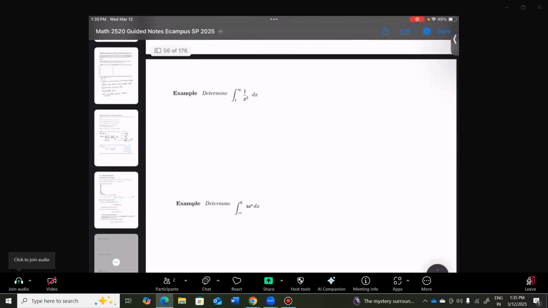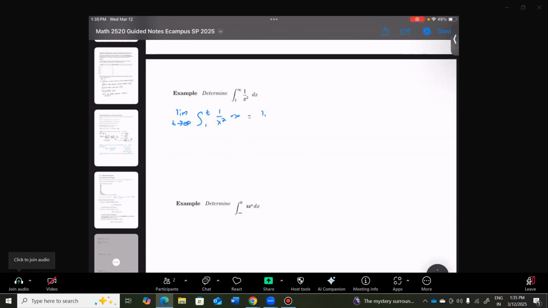So let's look at the integral from 1 to infinity of 1 over x squared dx. We're going to look at this as the limit as t goes to infinity of the integral from 1 to t of 1 over x squared dx.